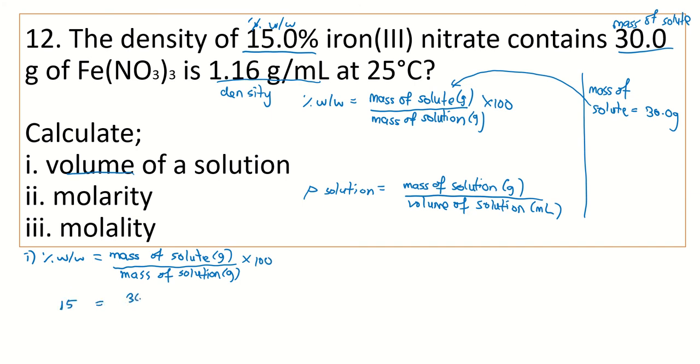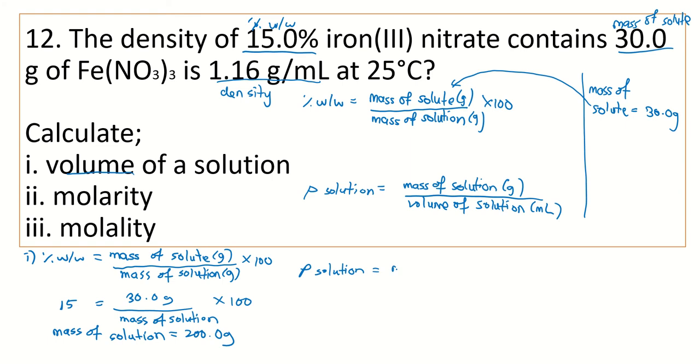Mass of solute is 30 gram. Therefore, 15 equals 30 over mass of solution times 100. So you'll get mass of solution equal to 200 gram.